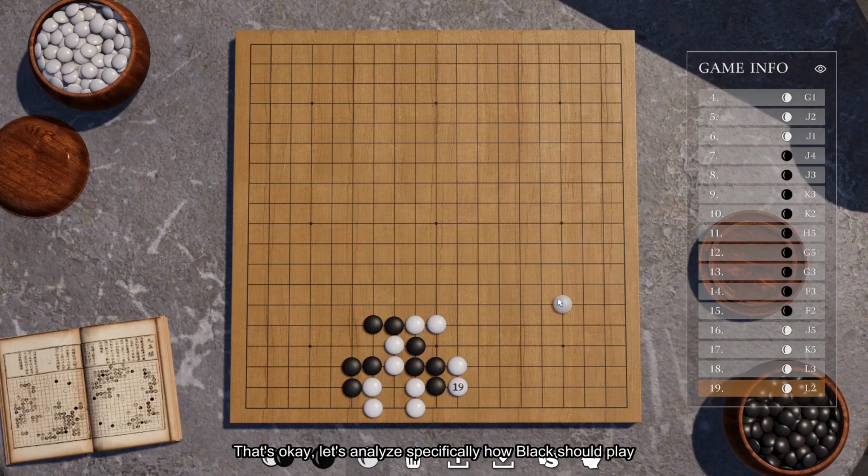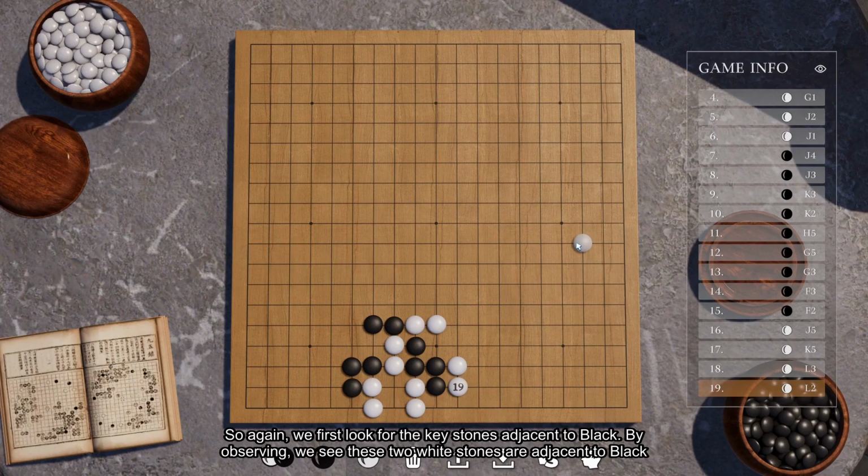Let's analyze specifically how black should play. Right now, black still has 2 liberties, while white on the left seems to have quite a few liberties. 1, 2, 3, 4, 5. As we mentioned, white can still connect back.